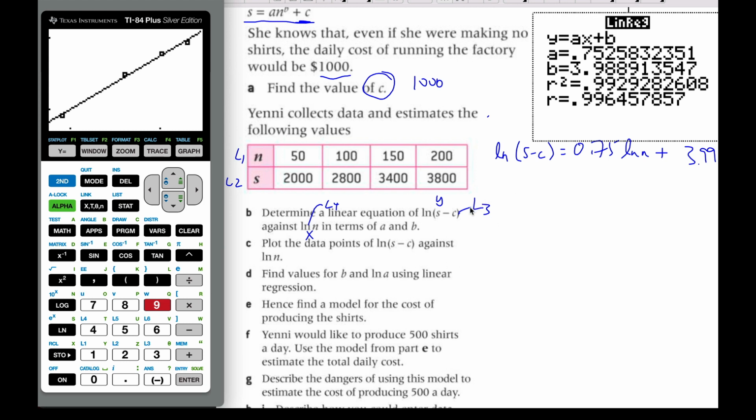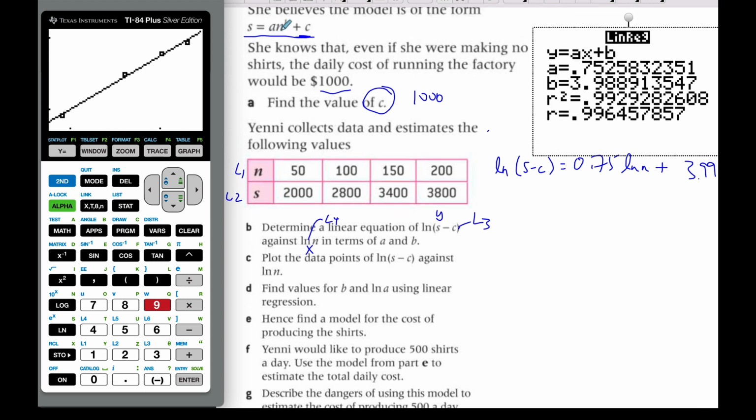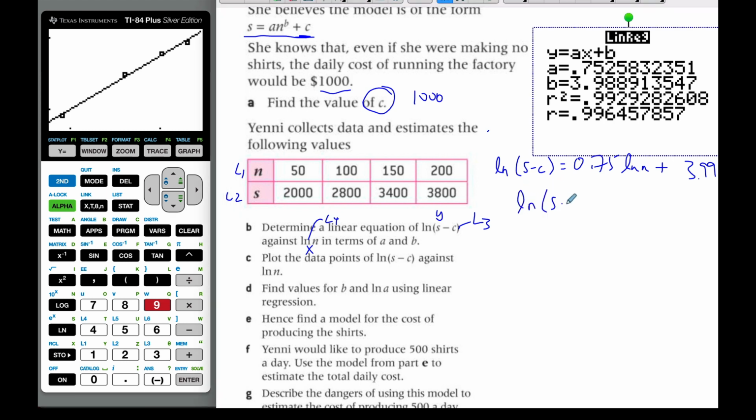They're talking about this model here, so find the values of B and ln A. If I do some algebra, I know that this is ln(S minus C). I'm going to raise both sides to the power of e. So e to this power equals e to 0.75 ln N plus 3.99. My penmanship's not very good today.